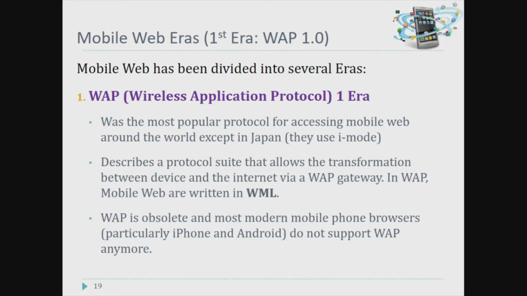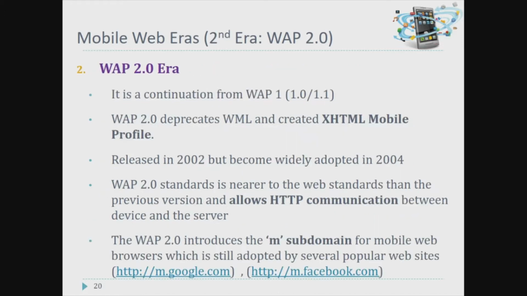Continuing from this era, WAP 2.0 was introduced. This deprecated WML and created the HTML mobile profile, an extension of HTML for mobile. This era of WAP 2.0 was introduced in 2002 and widely adopted in 2004.